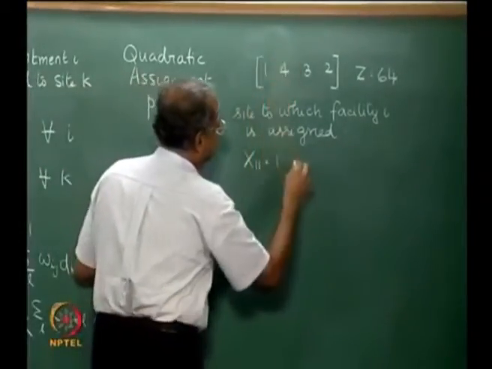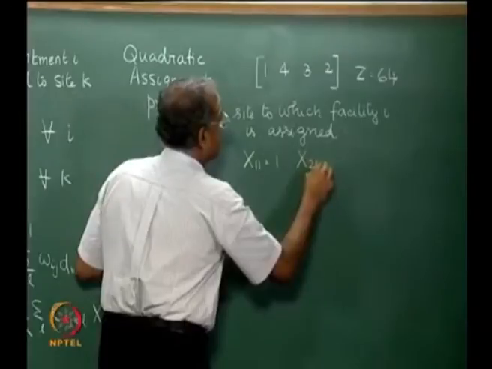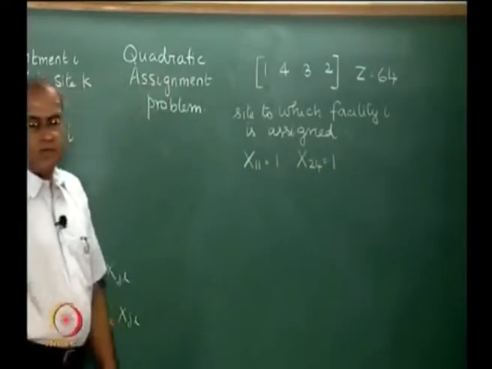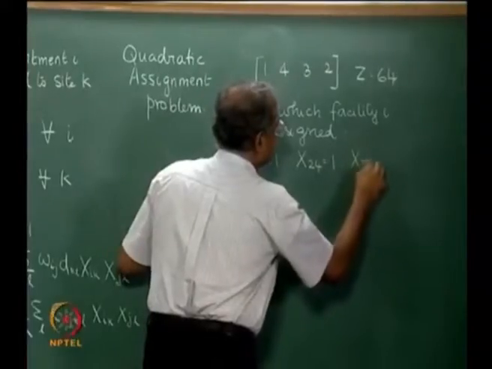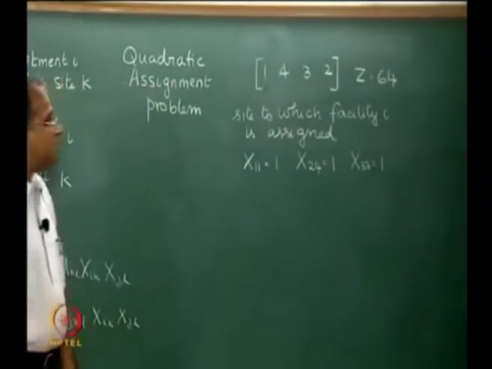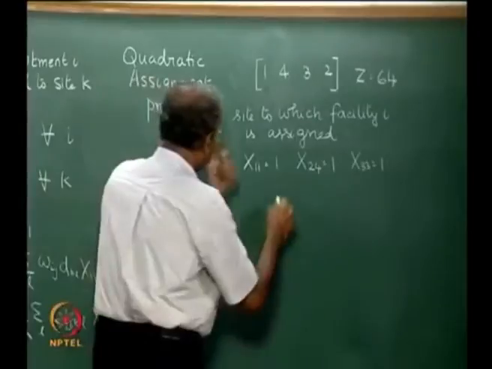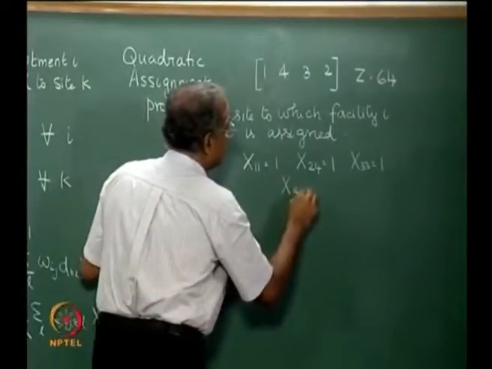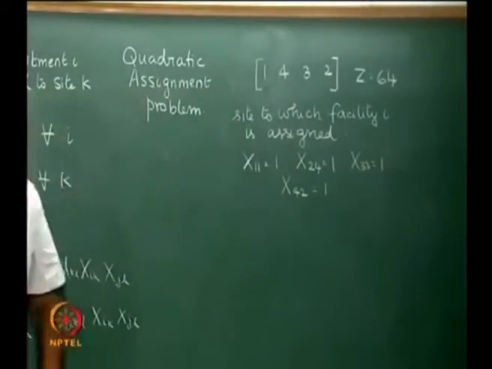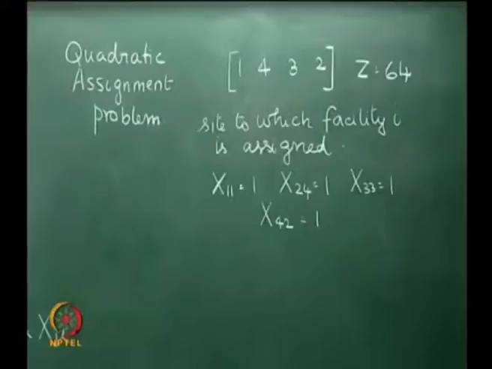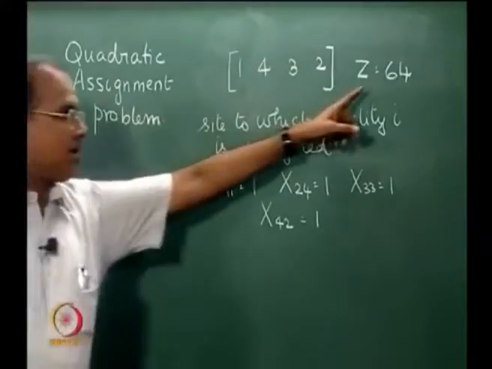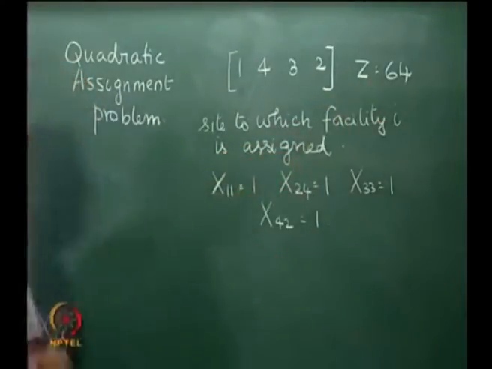Facility 2 is assigned to site 4, x24 equal to 1. Facility 3 is assigned to site 3, x33 equal to 1, and facility 4 is assigned to site 2, x42 equal to 1. So, this is what this notation explains, and let us show this computation of this 64.